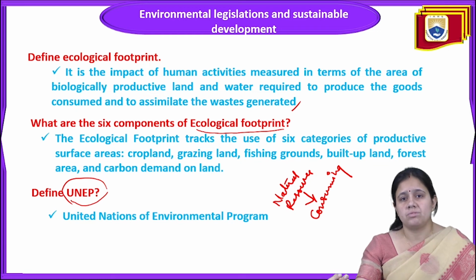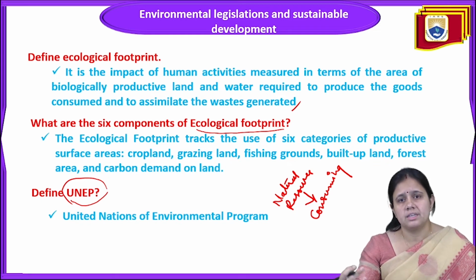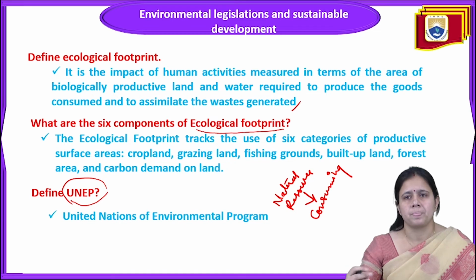They call a conference of parties to discuss the achievements of the Montreal Protocol and Kyoto Protocol, whatever targets they have set for the emission of carbon dioxide or greenhouse gases. They have made some standards to see whether we achieve them or not. They call meetings of the conference of parties from time to time.